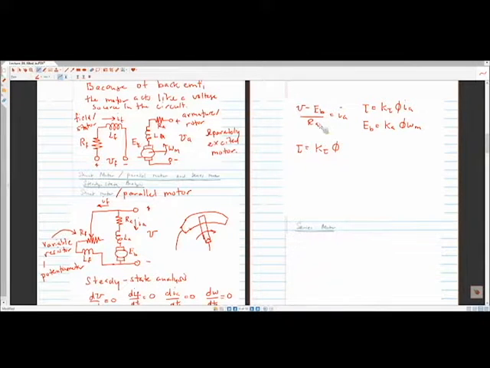IA is equal to V minus EB, which is Ka phi omega m, all over RA. Just putting everything together. All right, so that's the basic relationship.